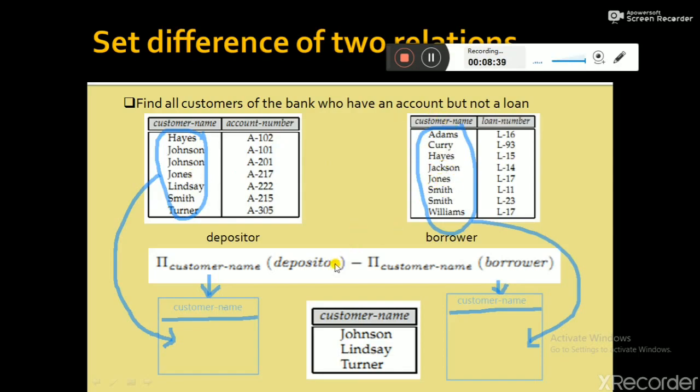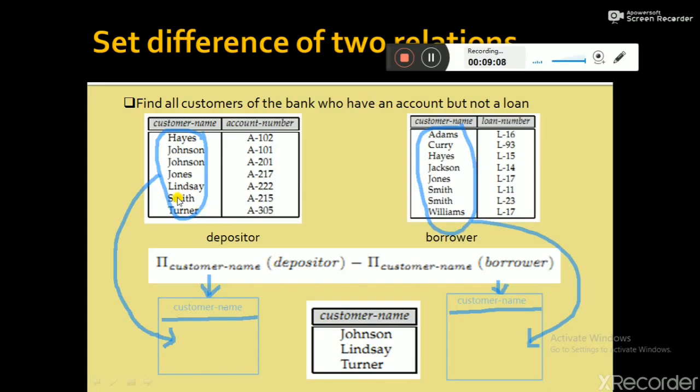So R minus S, meaning depositor minus borrower, will contain only those customer names from depositor which are not present in borrower. Johnson is present in depositor but not present in borrower, so Johnson will be over here. Then Jones is present in depositor as well as in borrower, so it is not going to be stored here. Lindsay is present in depositor. Now check whether Lindsay is present in borrower or not. It is not present in borrower, so it will be stored over here.